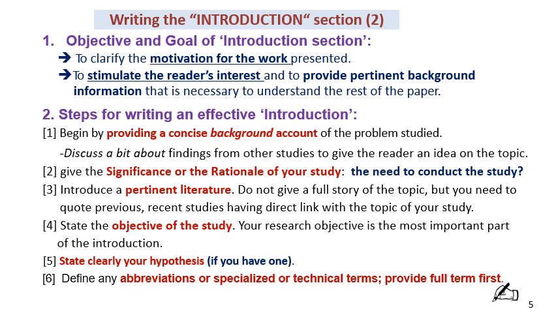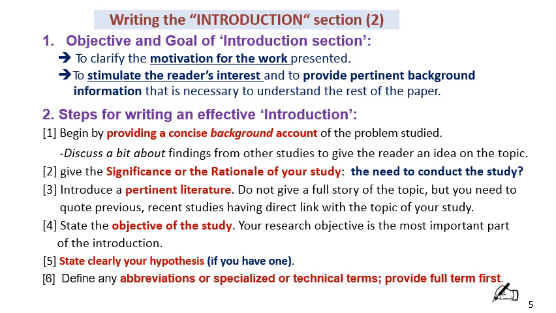The steps. First, you need to begin by providing a concise background account, collecting previous studies' information. You need to give the significance or the rationale of your study. Introduce pertinent literature. Select good literature, good papers from good publishers.